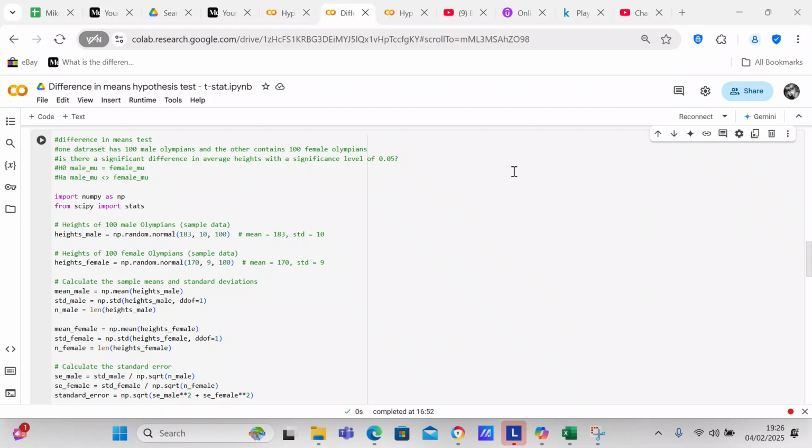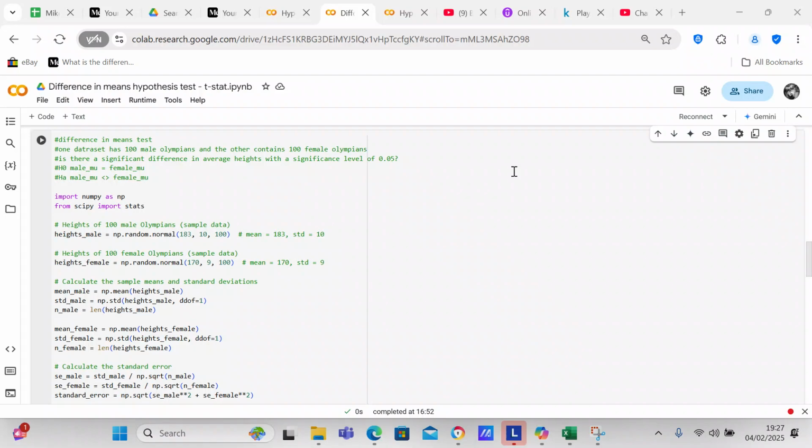Together. And what I wanted to do this evening in this video is to do a difference in means hypothesis test and calculate the t-statistic, because in the past videos we've made on hypothesis tests, we did one for means, but we did one with a base mean, and then we calculated another mean, and then we decided whether that mean would accept the null hypothesis or reject the null hypothesis.